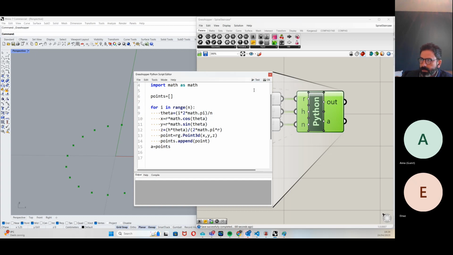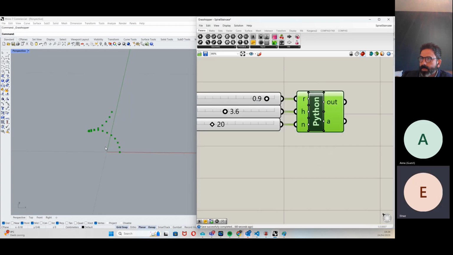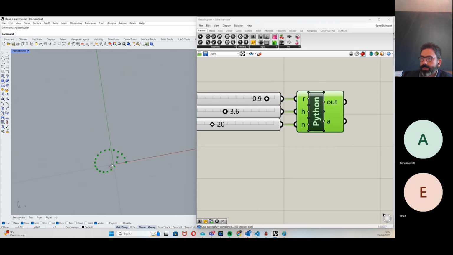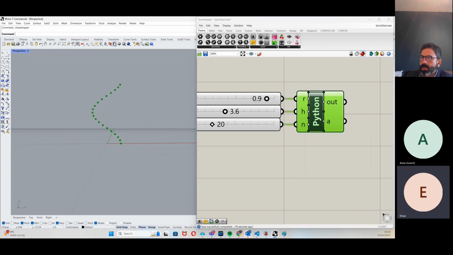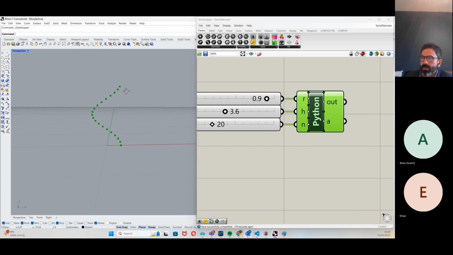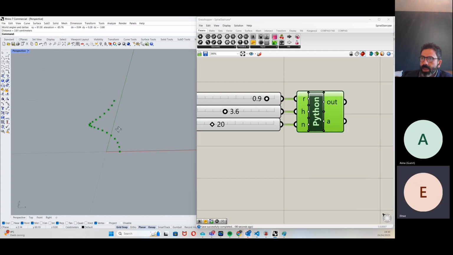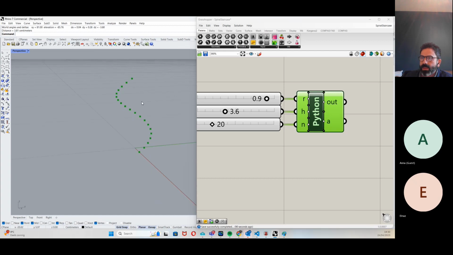And let's put z. Hey, that's it. Now let's bake these. Beautiful. And let's measure the distance between here. 3.81. Maybe we have one too many. I have a feeling that we have one too many.